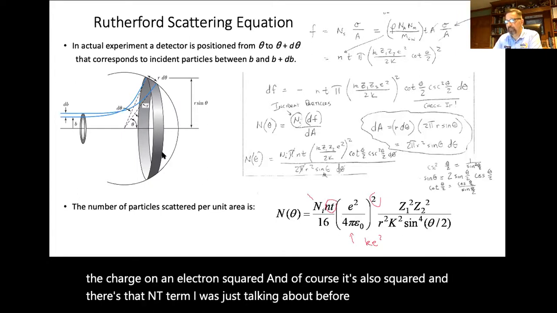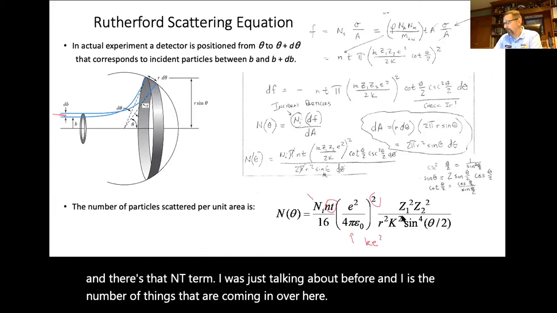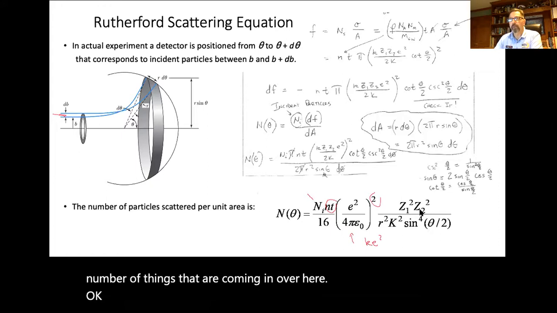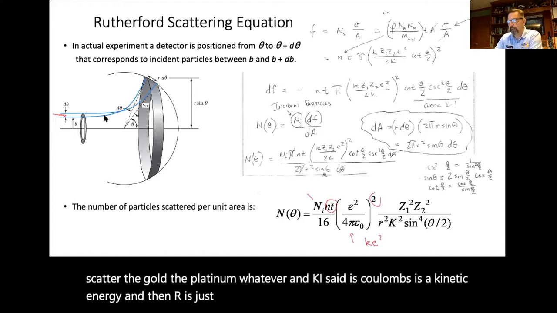N_i is the number of things that are coming in over here. And the Z's are the atomic numbers of the incident particle and the scatterer, the gold, the platinum, whatever. And K, I said, is kinetic energy. And then r is just the distance you are away at any time. So r would be that distance right there.